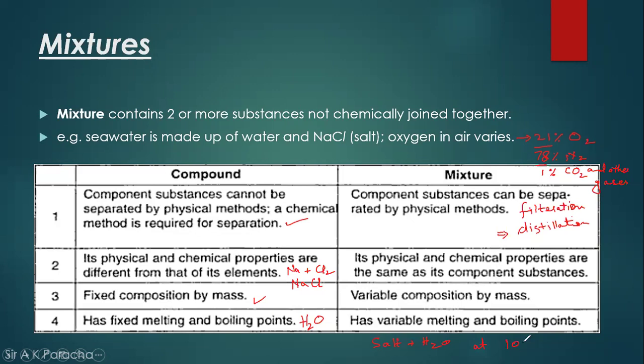Water boils, leaving salt behind. So at 100 degrees centigrade, all the water will boil off and be converted into water vapors or steam, while salt will remain in the solution, or you can say in solid form.